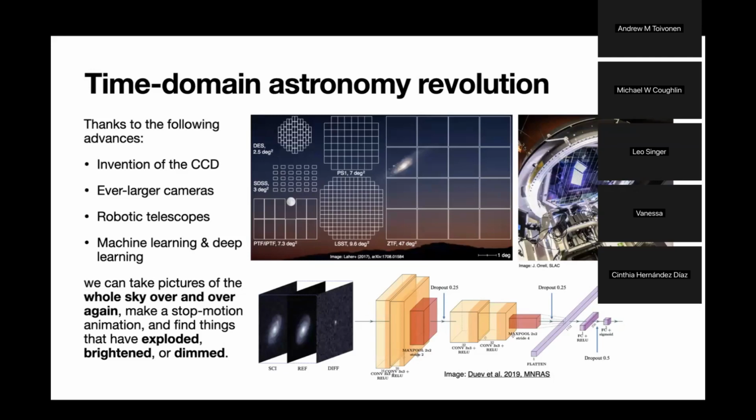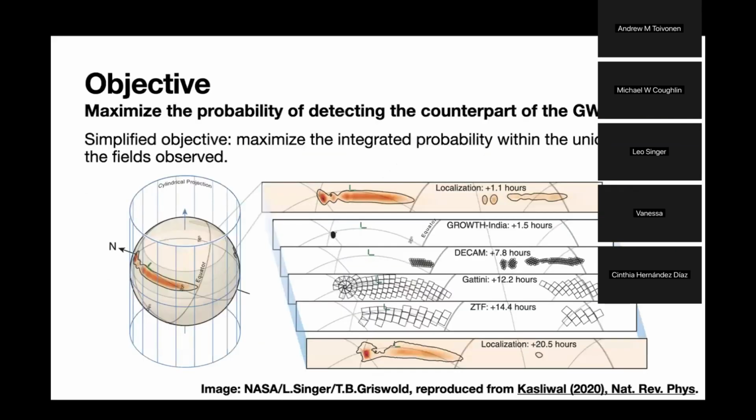But because we have these very large fields of view and these survey telescopes, we can repurpose them to do targets of opportunity, where we use that telescope to tile a region of interest that covers the localization region of the gravitational wave event. So how do we decide where to point our telescope and in what order to observe these fields?